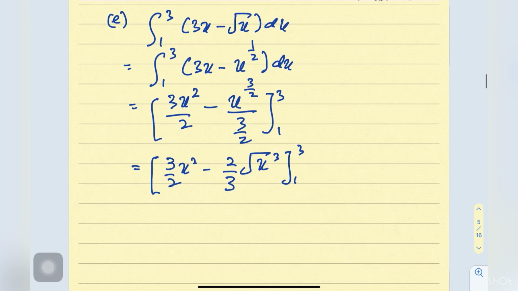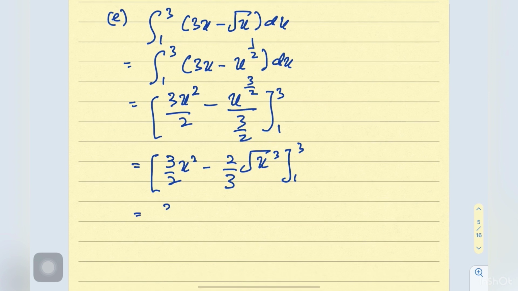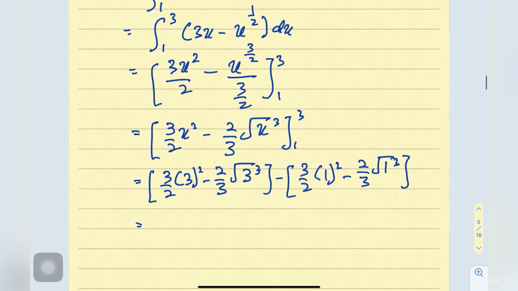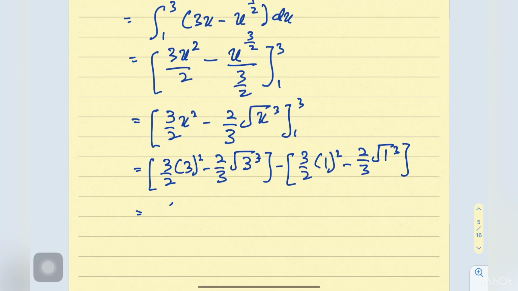Then substitute: 3 over 2, 3 squared minus 2 over 3, square root of 3 cubed, minus 3 over 2, 1 squared minus 2 over 3, square root of 1 cubed. This one we just press the calculator. It will be 9.2026.